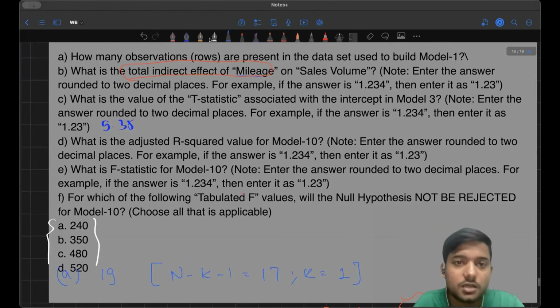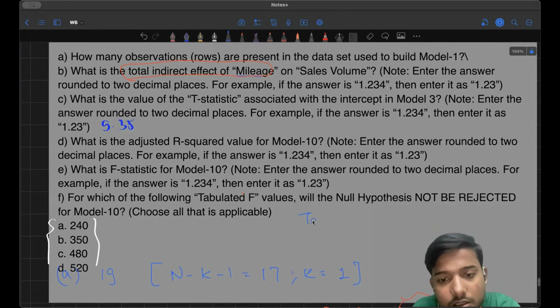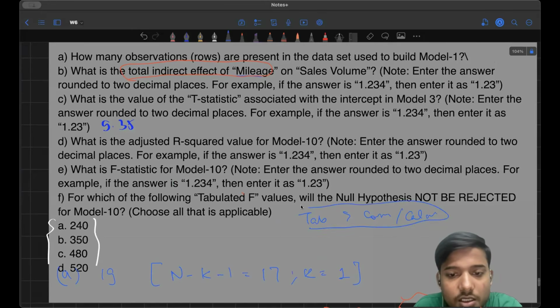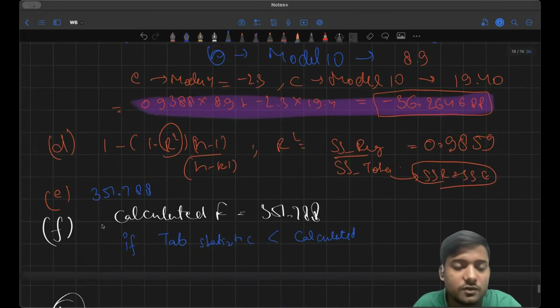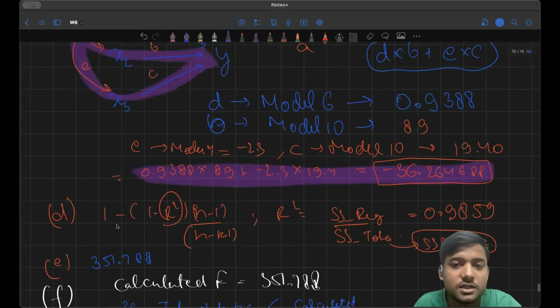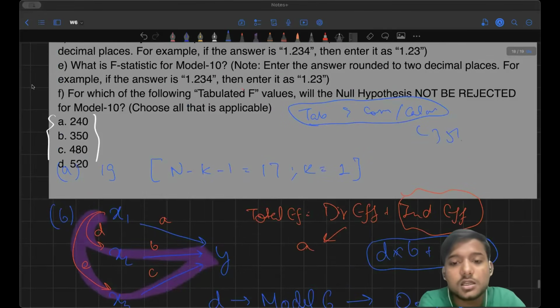Okay. So the next question was, for which of the following tabulated F values will the null hypothesis not be rejected for model 10? So when do we not reject the null hypothesis? For the null hypothesis to not be rejected, tabulated should be greater than computed, or you can say calculated. We already have the calculated value, which is 351 point something. So if the tabulated value is greater than this, then we cannot reject the null hypothesis.